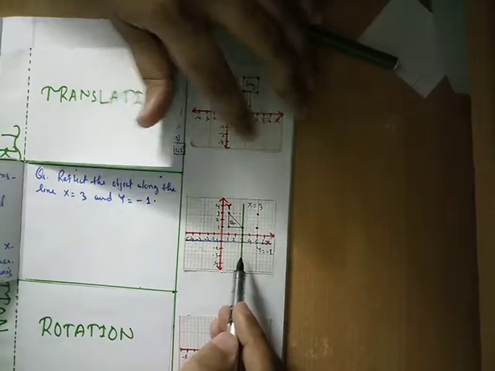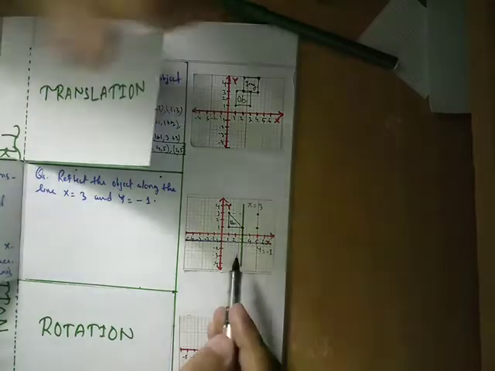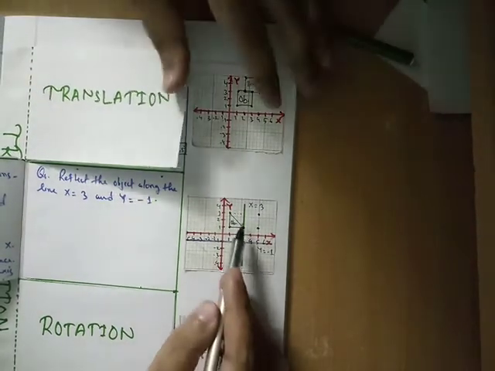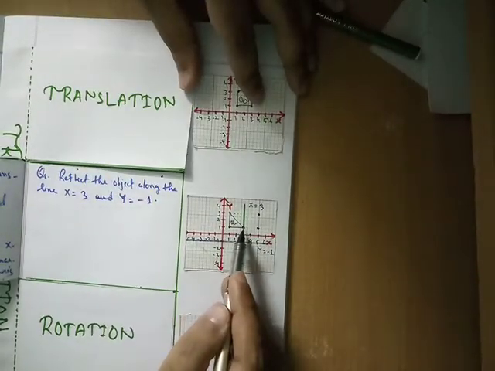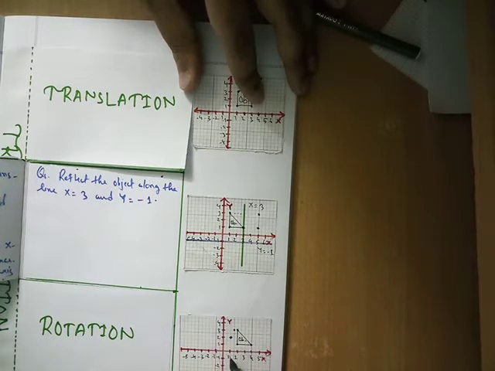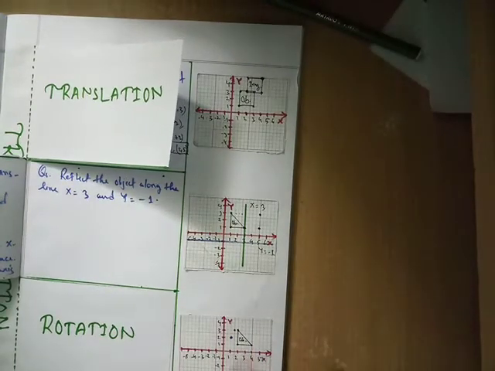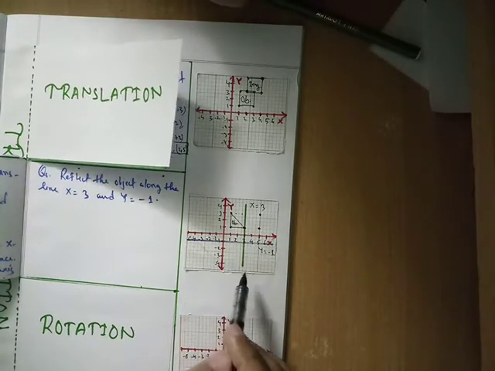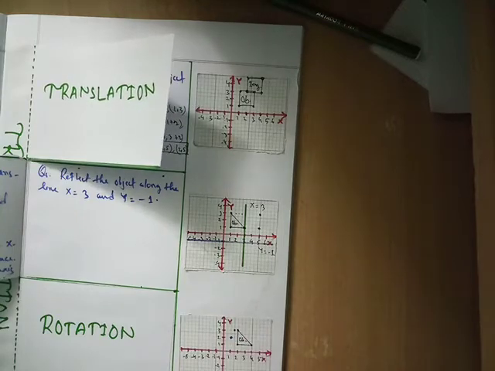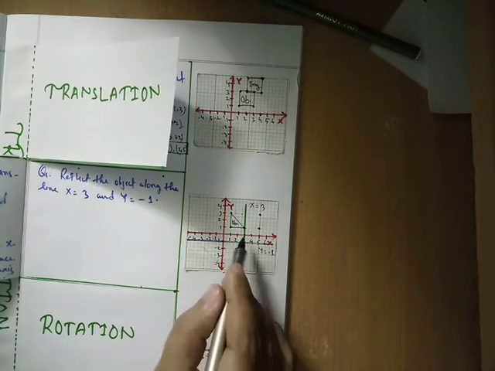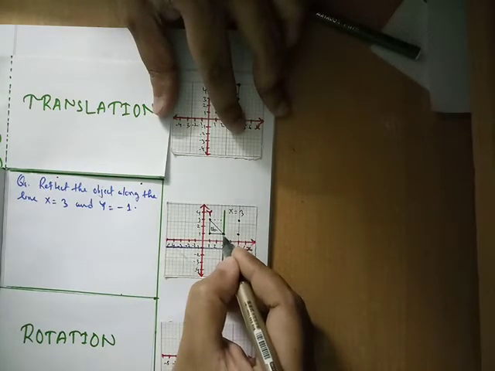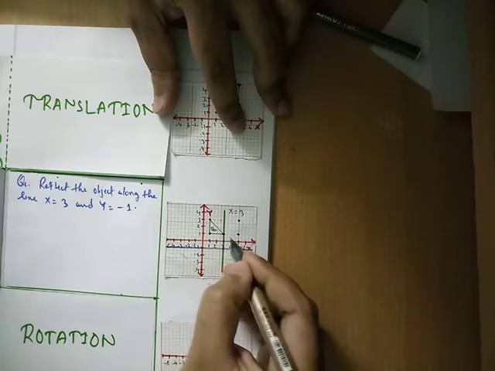So whenever we are reflecting or rotating a shape which is on the mirror line or on the center of rotation, even after rotating or reflecting, the image of that point is actually on it too, which means as this is on the mirror line, the reflected image will also be on the mirror line.